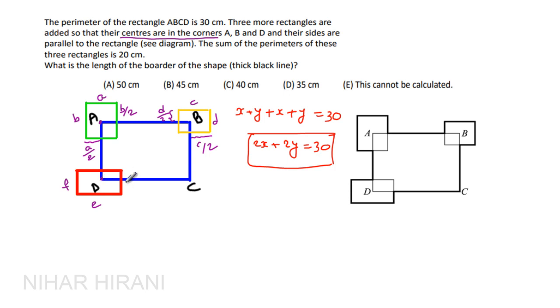So this will be F over 2 and this will be E over 2. If you have understood the information so far, then it will be very easy for you to understand this question.